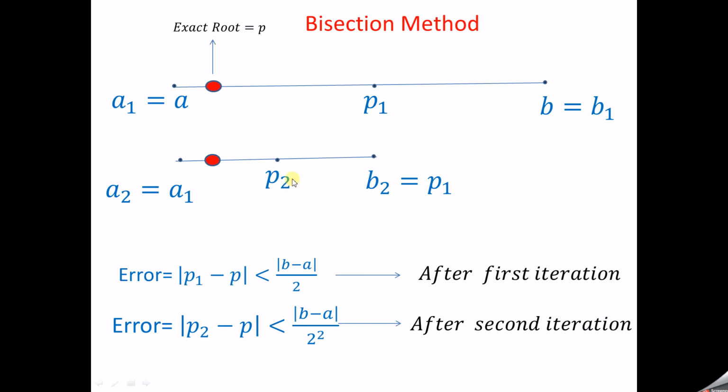And in the second approximation, again we are taking the midpoint. Therefore, the error will be less than B minus A, the total length, by 2 square, because we are dividing by another 2, as P2 is the midpoint of the new interval. So like this, if we continue, each time we are dividing by 2, because the midpoint is obtained by taking the total length and halving it.